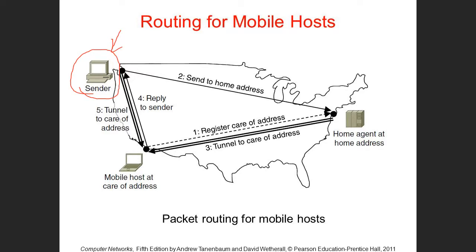Suppose this was the original location, what we call the home location, of the mobile host, which was the intended recipient. So the actual sender does know that the receiver is over here, meaning if it is a geographical area, then the receiver is in this part of the geographical area.